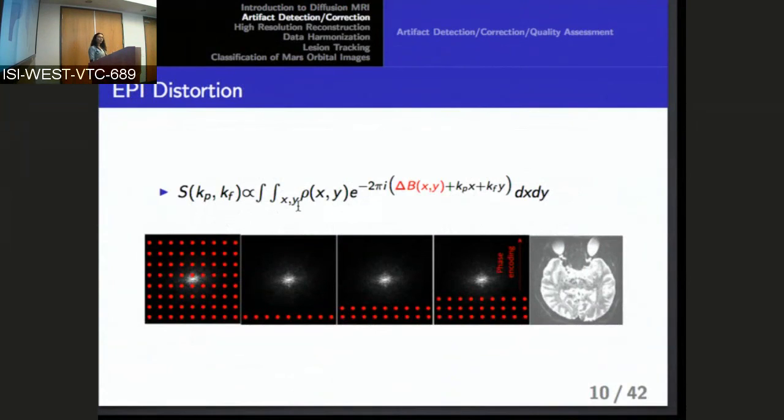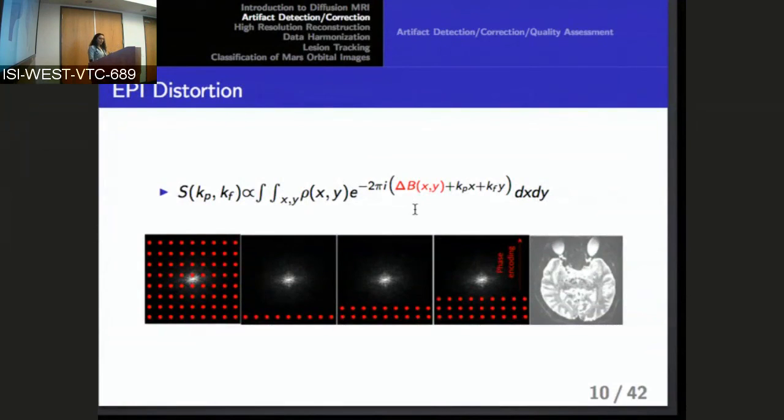Assume that rho(x,y) is the ground truth image of my brain here, and the scanner measures these Fourier coefficients. On the scanner, because of the inhomogeneity in the magnetic field, which is represented by delta V here, it introduces some shift in the phase when computing these Fourier coefficients.